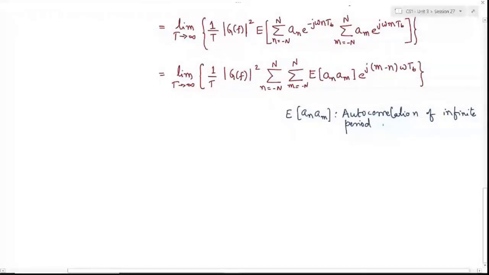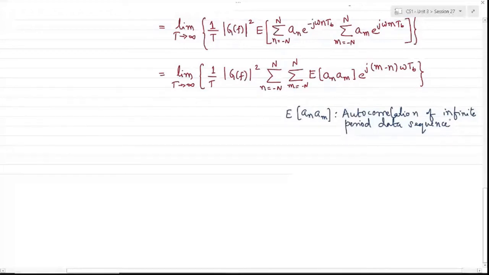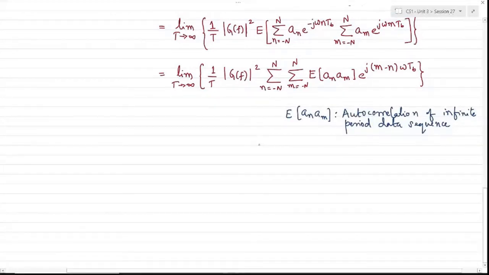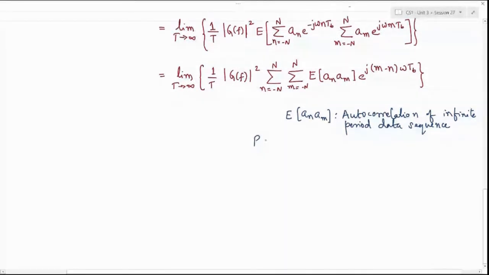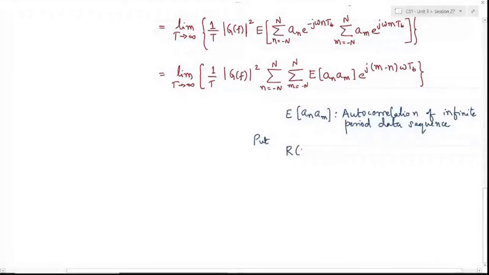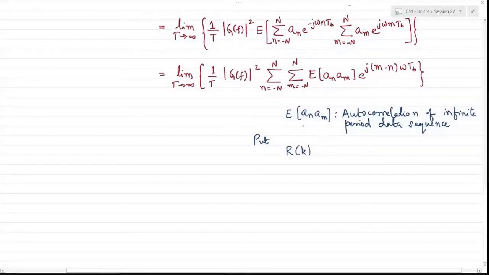With that I can concisely write this representation of autocorrelation from your unit 1, where we represented the autocorrelation function simply as R of k, where k is the time difference between two random quantities.